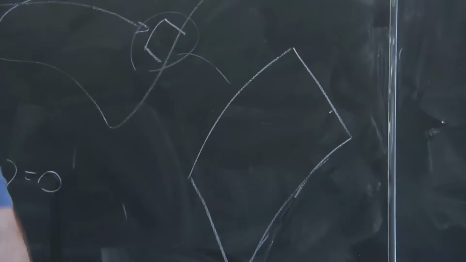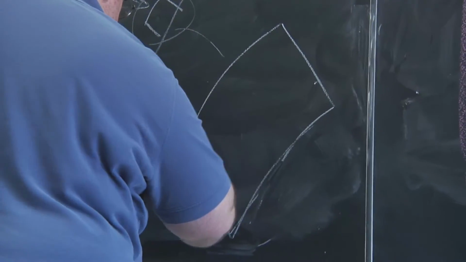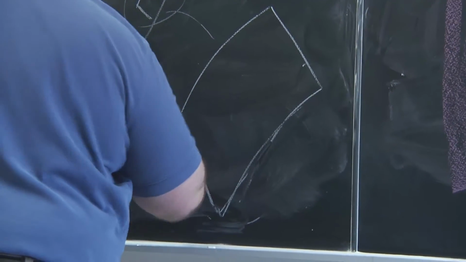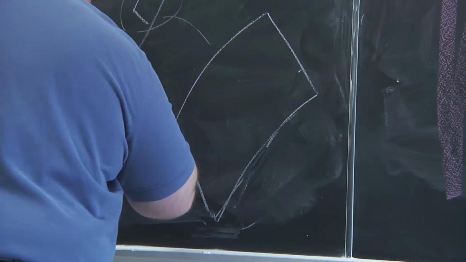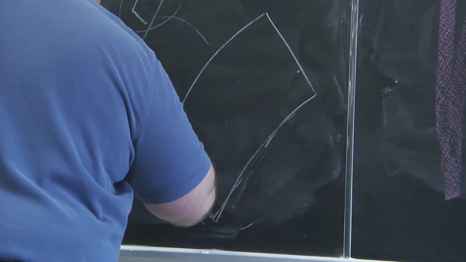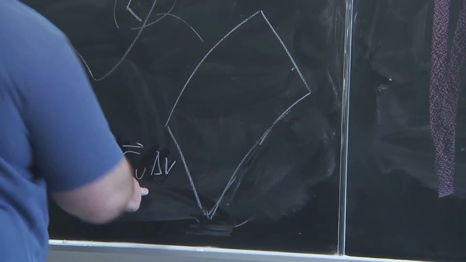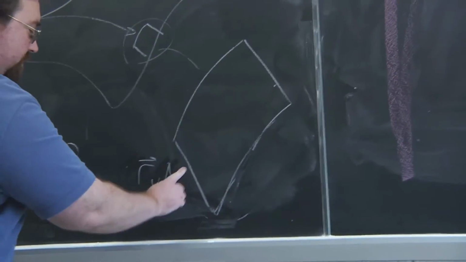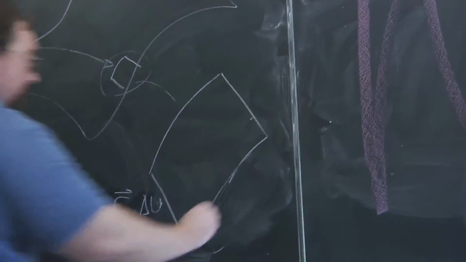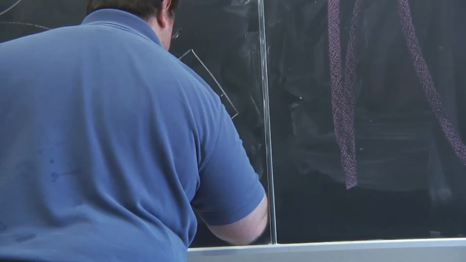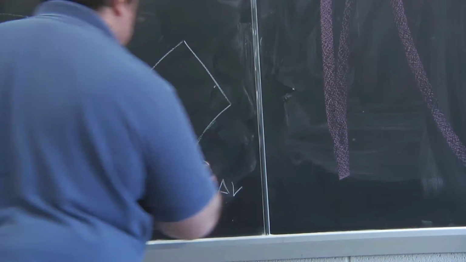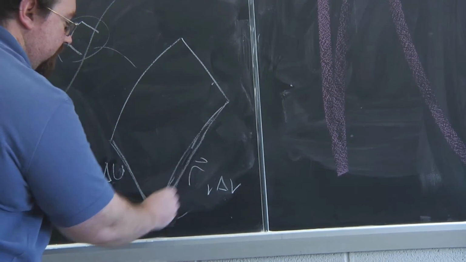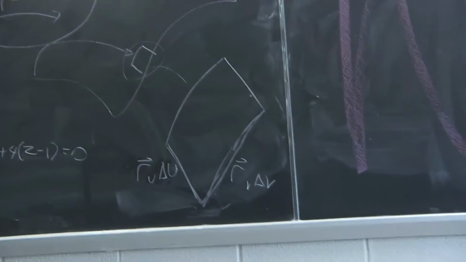And the adjacent sides of a parallelogram are roughly these vectors: the vector RU times delta U and RV delta V. So these approximate the lengths of these adjacent sides of a parallelogram.